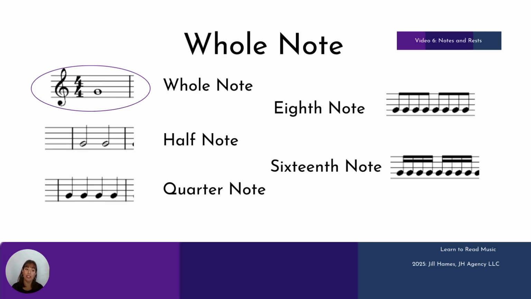All right, here you see in the purple oval a whole note. A whole note tells the musician to play one continuous sound for the full duration of a measure. We'll learn about how to know how much sound fits into a measure when we learn about time signatures. For now, think about a whole note as having 4 beats.